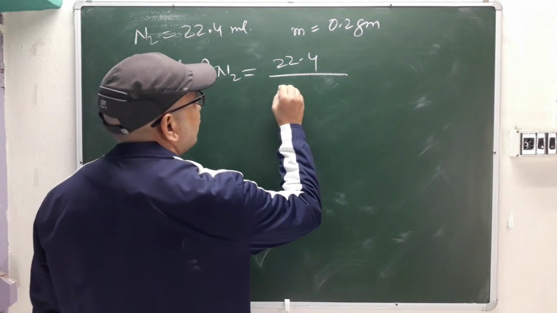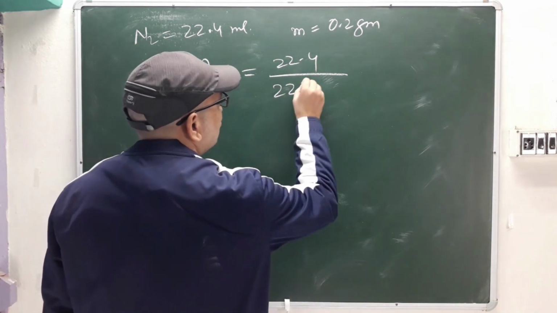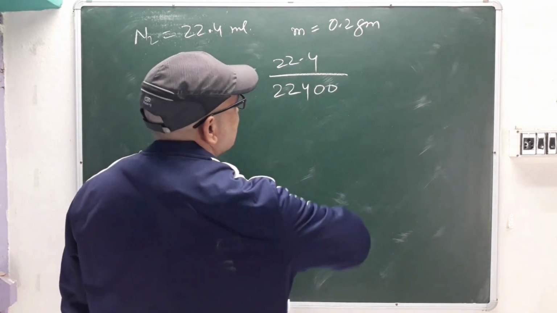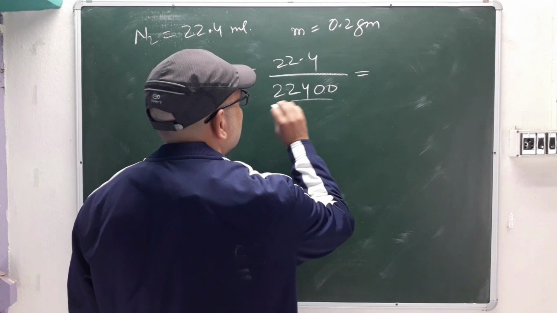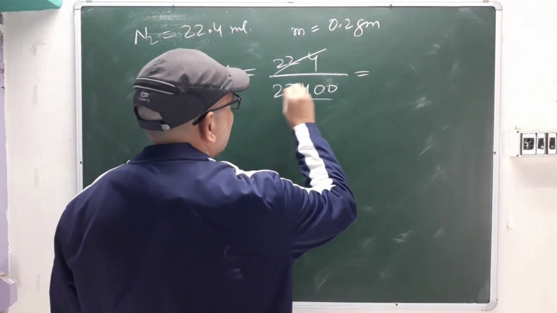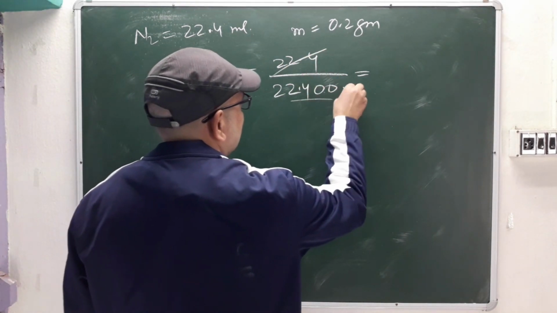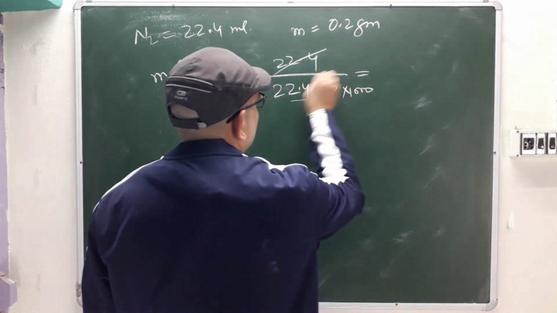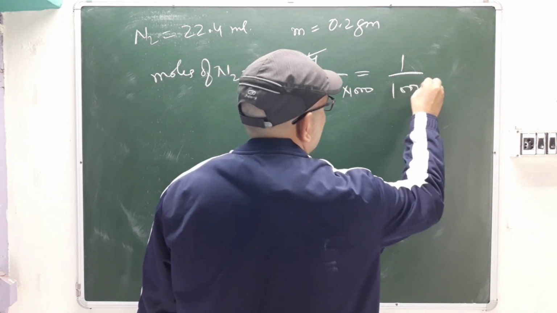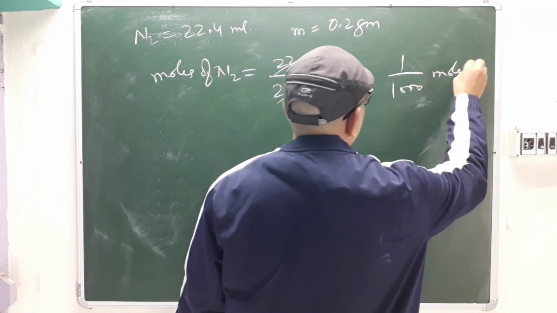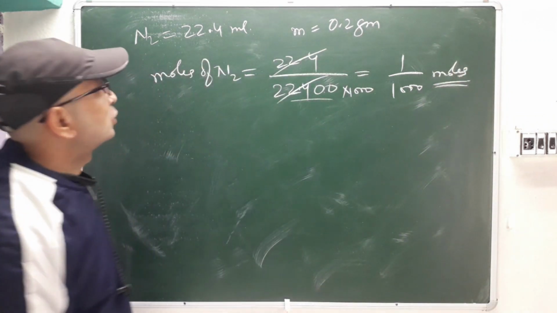So 22.4 liter equals 22.4 thousand, this much ml it will be. So three zeros are extra, so if we cancel it, it will be 1000, so this will cancel out. So now it will be 1/1000 moles, right? We got it.